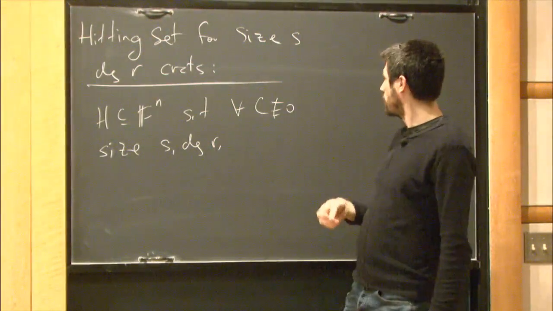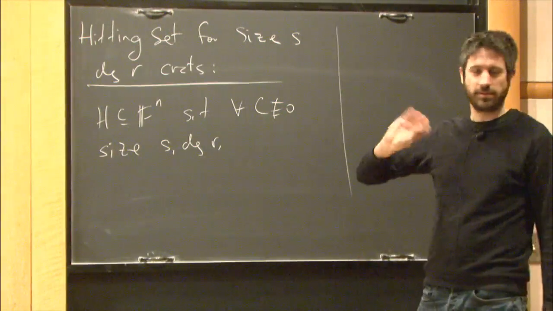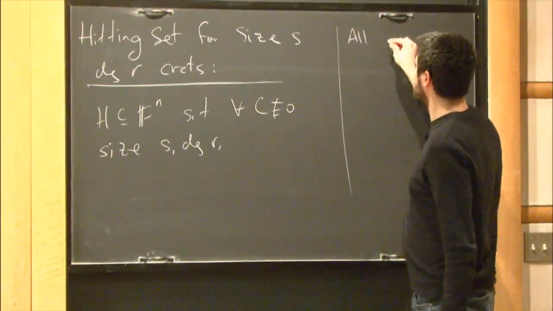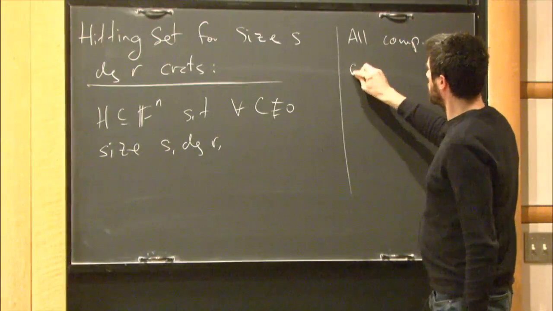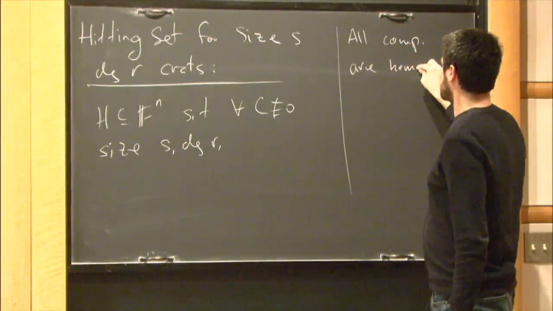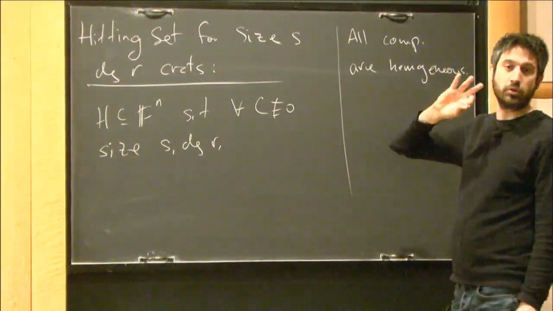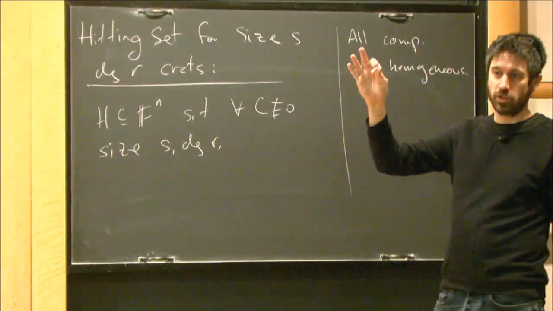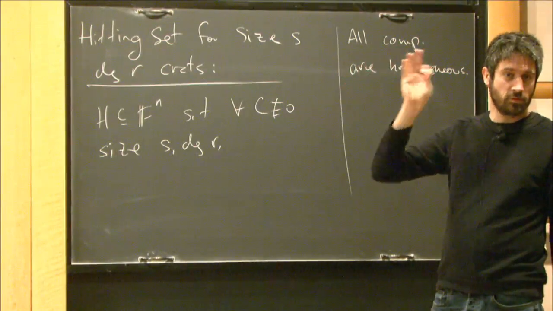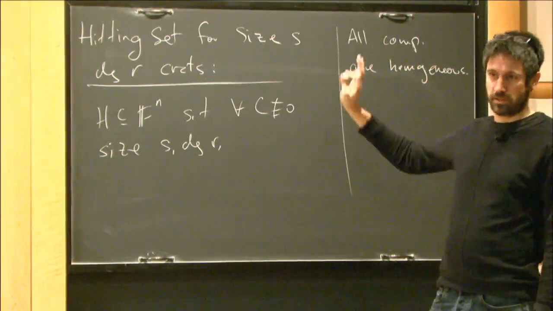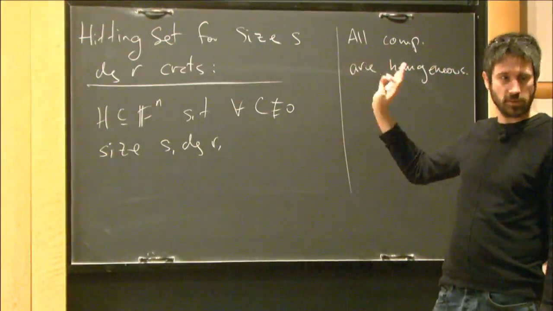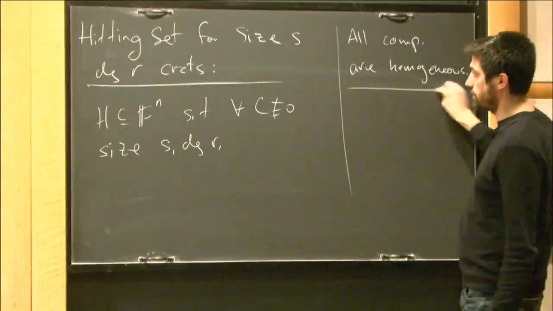And perhaps for this talk, let's even say that all computations are homogeneous, just to simplify things. By this I mean that we only care about homogeneous polynomials, polynomials in which all the monomials have the same degree.